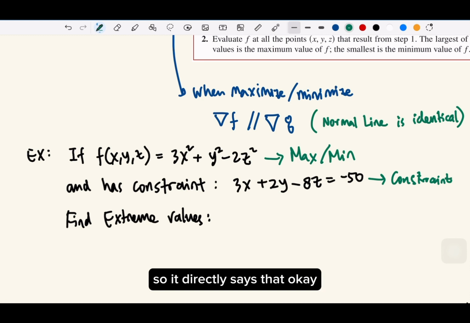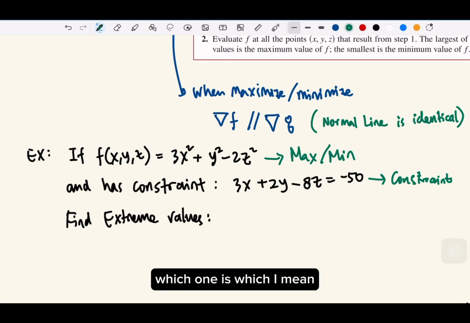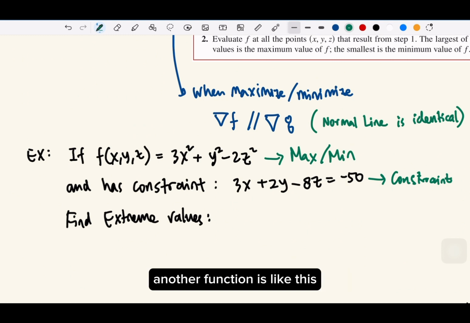So it directly says, okay, this will be the constraint. Sometimes the question doesn't really give which one is which. I mean, one function and then the other one just giving another function. Then you could tell that the first one will be the function that we are going to maximize or minimize. The other one is the constraint.